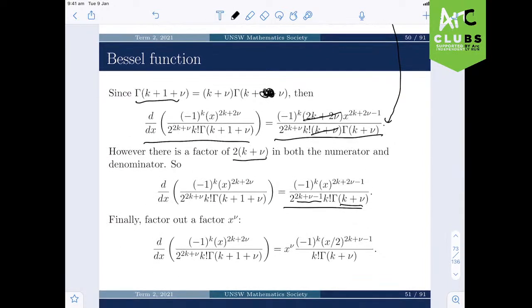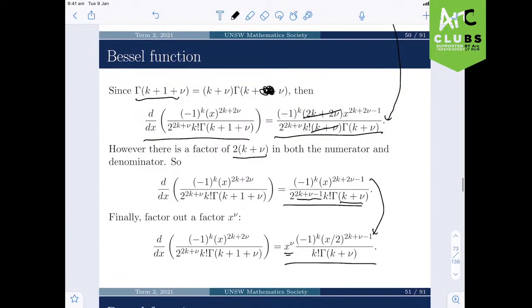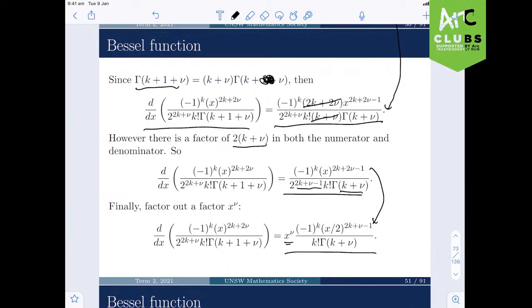Now let's take a factor out of x to the nu, and we just get this. Yeah, so the power decreases by nu on the top. And because the powers now are equal, the 2 to the 2k plus nu minus 1 and the x to the 2k plus nu minus 1, we can just put the 2 back in on the top. So x on 2 to the power of 2k plus nu minus 1.